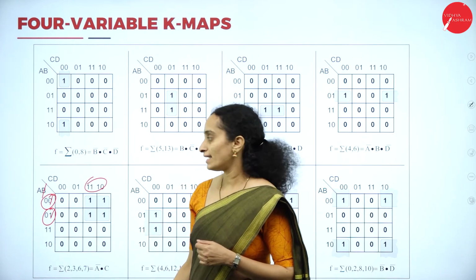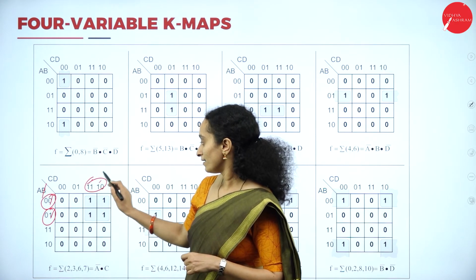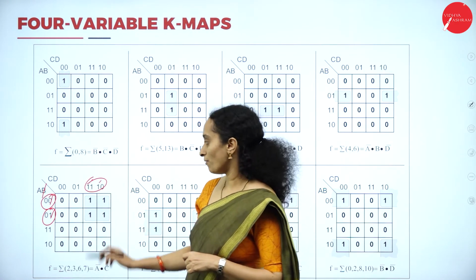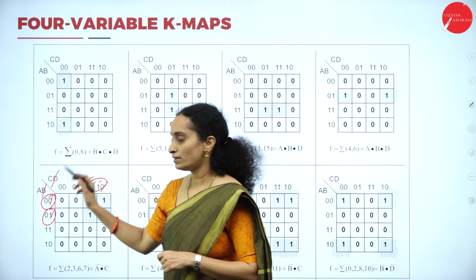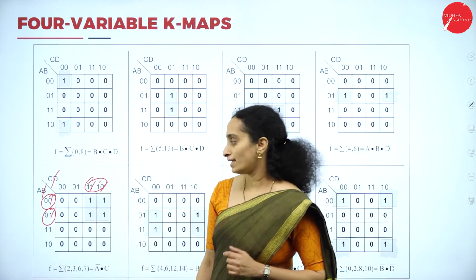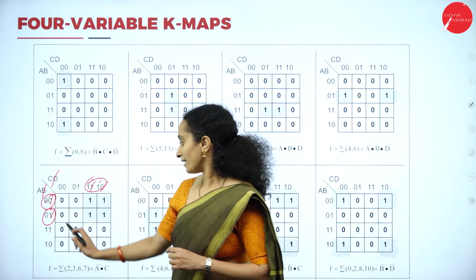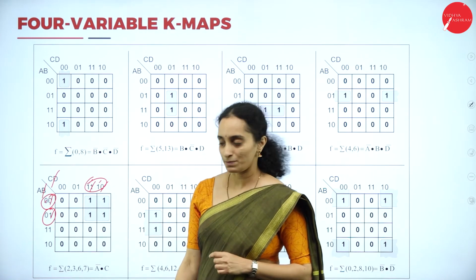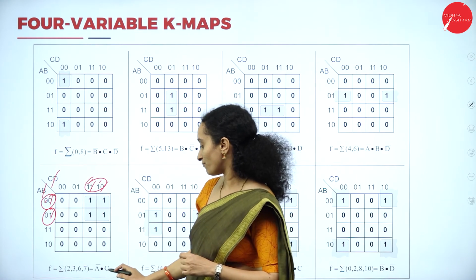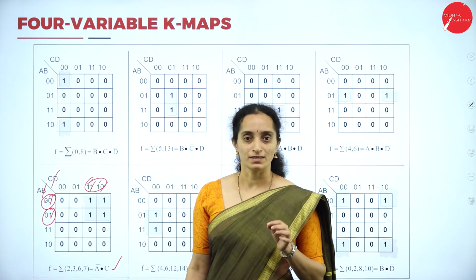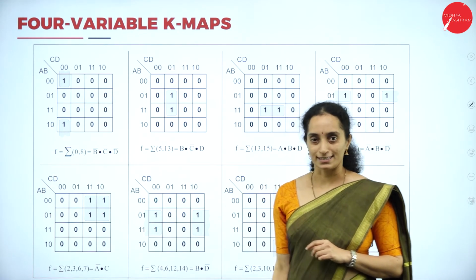Then we have C and D. The variable C is remaining in non-complement form. D is changing the form. Therefore, D can be ignored. Now, we have the expression A dash, A in complement form, and C in non-complement form, that is C. A dash into C.